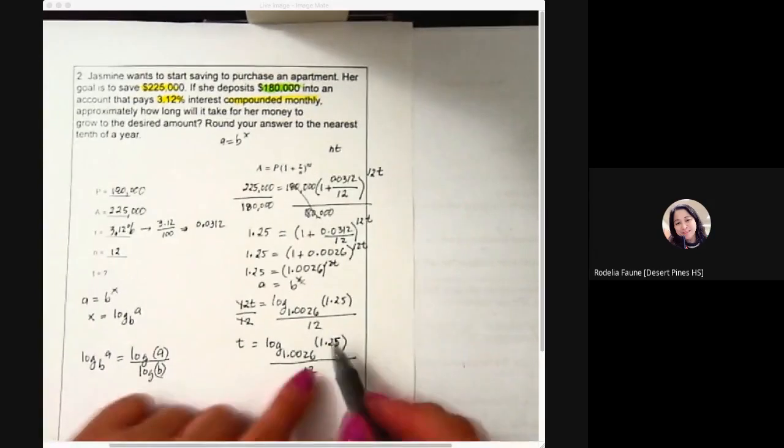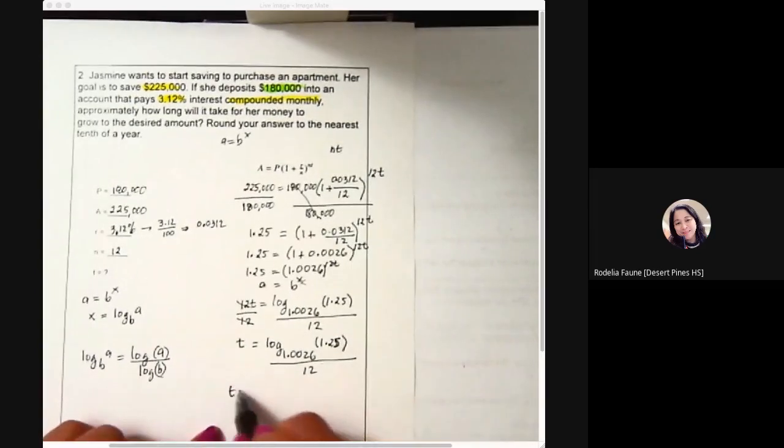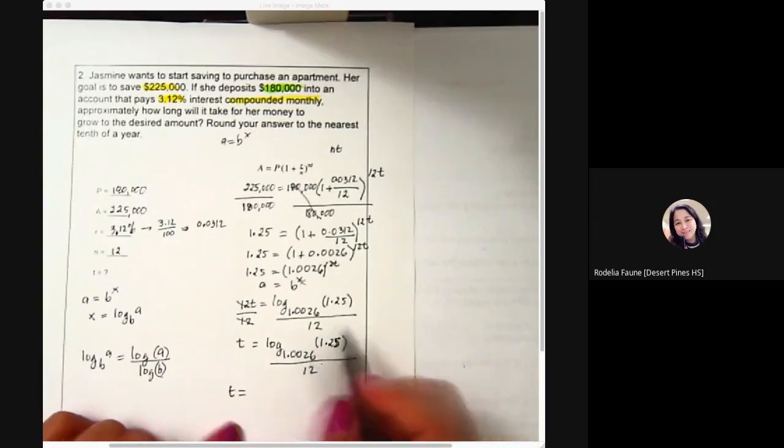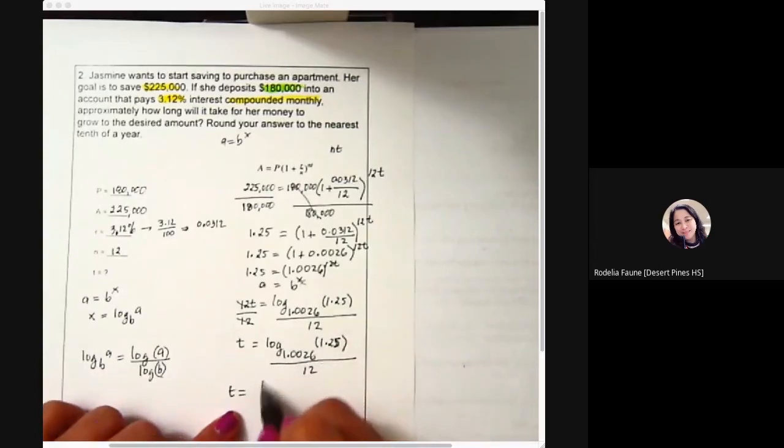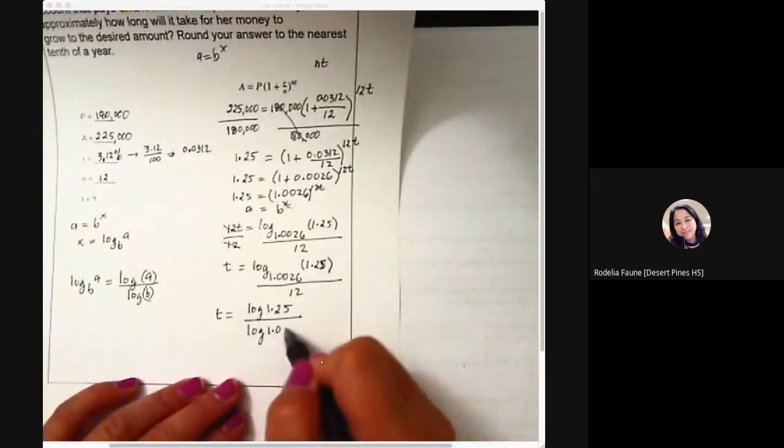So what is my t here? We have the logarithm of 1.25 divided by the logarithm of 1.0026, divided by 12.